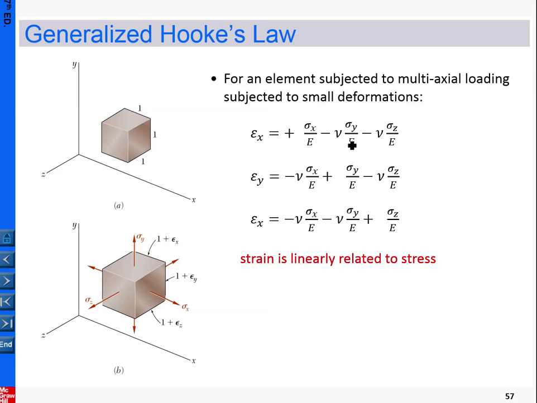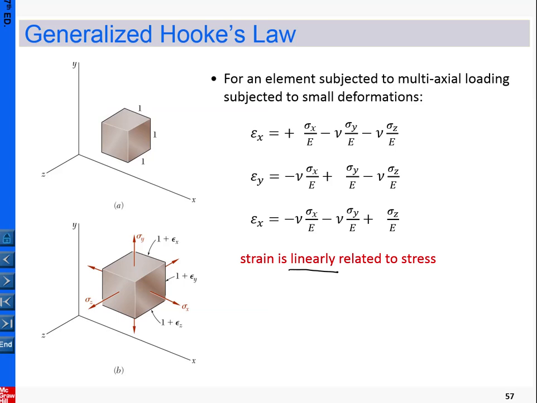This equation will appear when an object is under multiple axial loadings. And one feature is that the strain is simply linearly related to stress. That is the term right here.